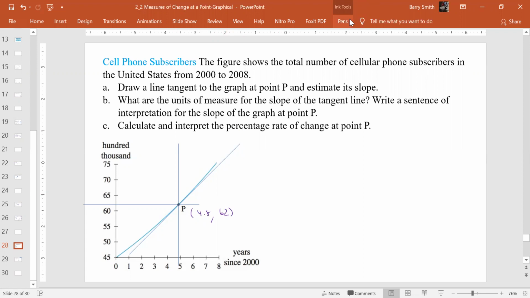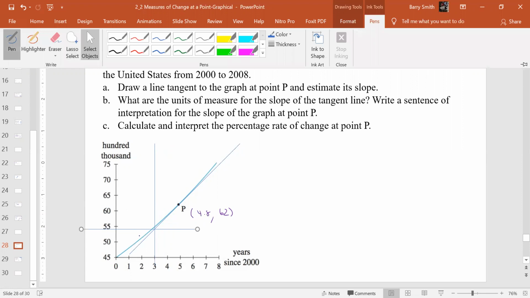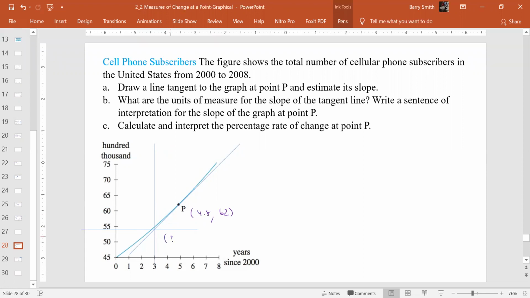All right, so now let's do another point. Let's pick 3 and maybe call that one. Again, this is so arbitrary. 3 comma, that's 52, 50, maybe 54.